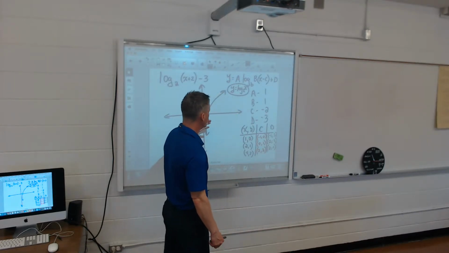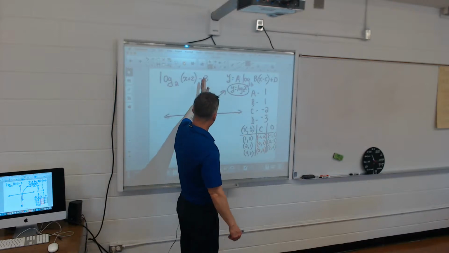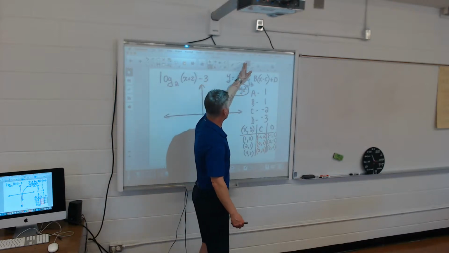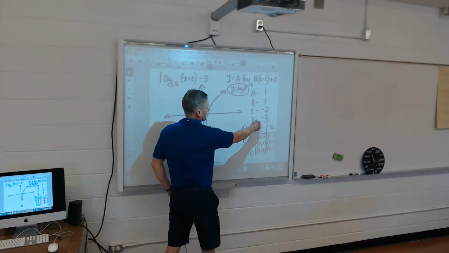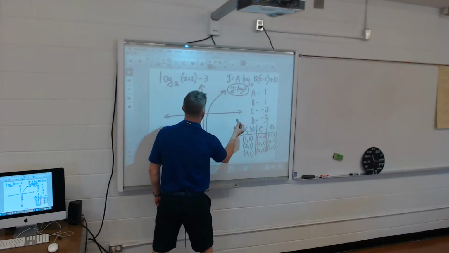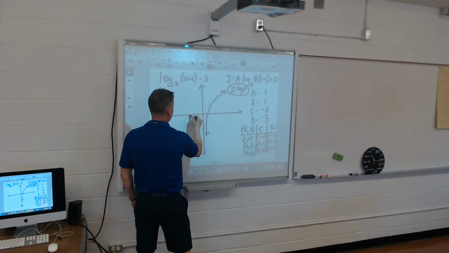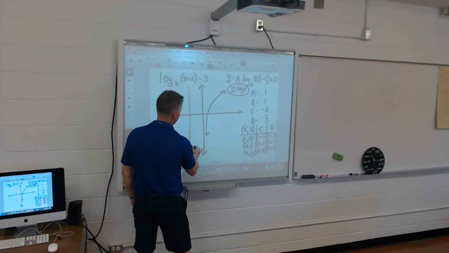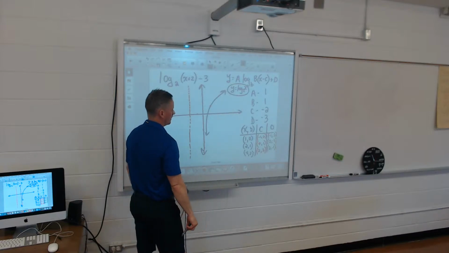Or I can basically look at it like this. Let's focus on the asymptote for a second. The D doesn't affect the asymptote. The C does, so I've got to move my asymptote over 2. My new asymptote is right here. That's the first key thing.